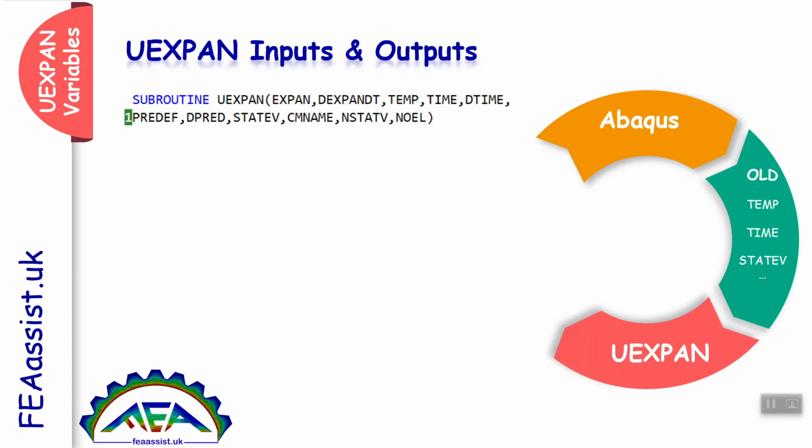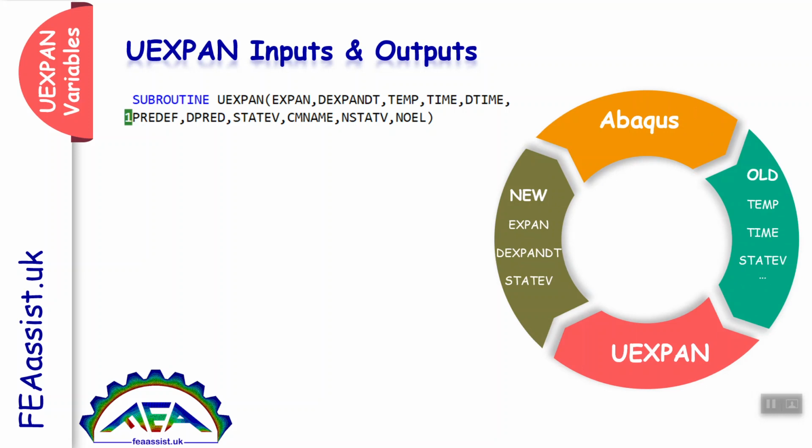We need to use these variables in the UXPAN subroutine and define the expansion coefficient, the derivative of the expansion coefficient with respect to time, temperature, state variables, and return these variables to Abaqus. Again, Abaqus uses these variables to recompute temperature, time, state variables. This is how UXPAN and Abaqus interact with each other, which is necessary to understand well to write a good UXPAN subroutine. For example, one of these variables, XPAN.